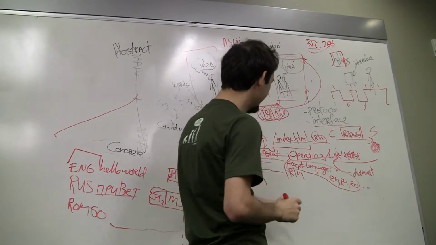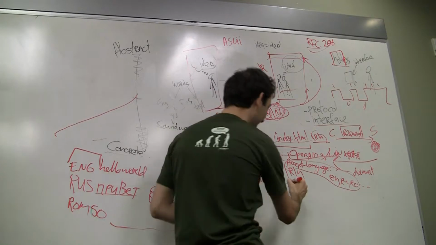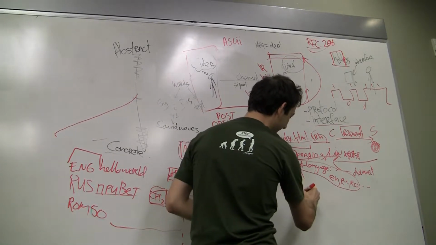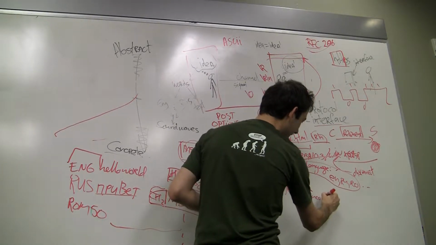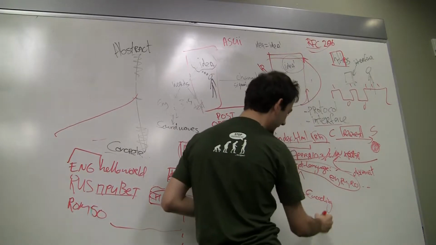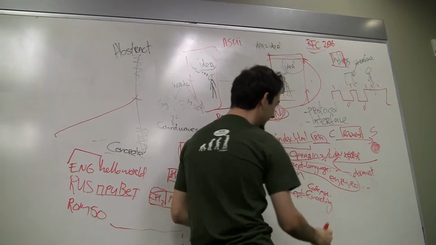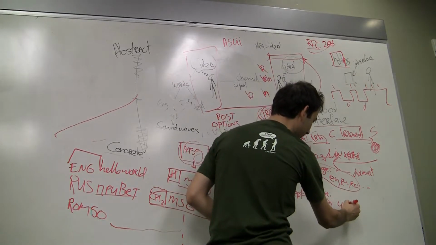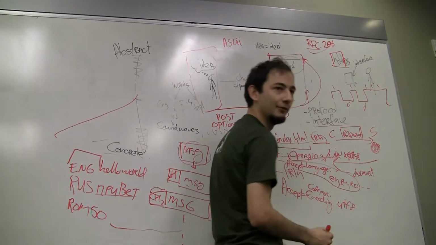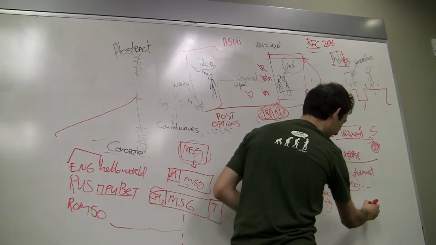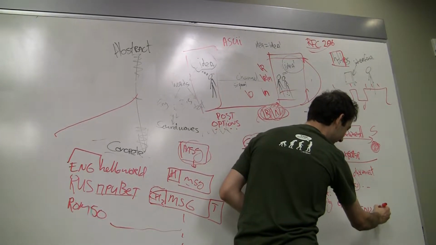There are other examples you can use here. For example, accept encoding, or I think it's accept code page. I'm not sure exactly. Basically, I can say that I support Unicode, or I support code page 1251.